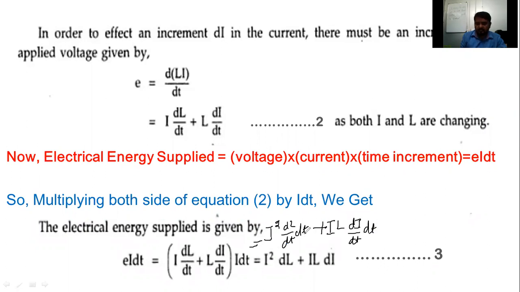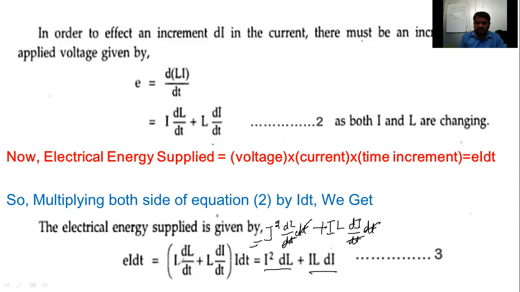It is the equation here. So this dt gets cancelled, here also dt will cancel. So what is the term left here now? I square dl, we have written I square dl here. Here I L di is the left term. This is I square dl, I L di we have written here. So this one is equation number 3 we are going to call.